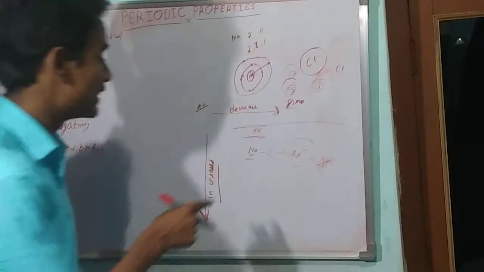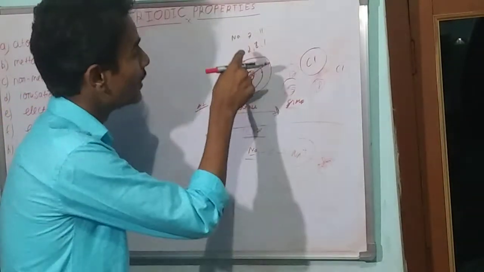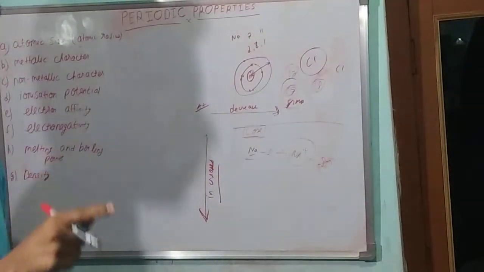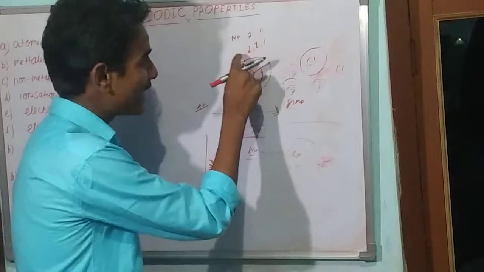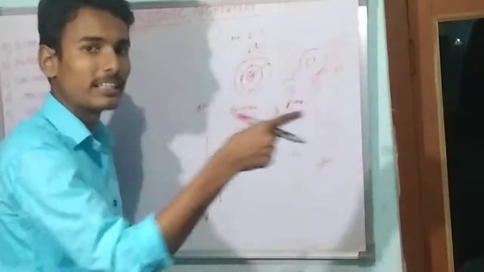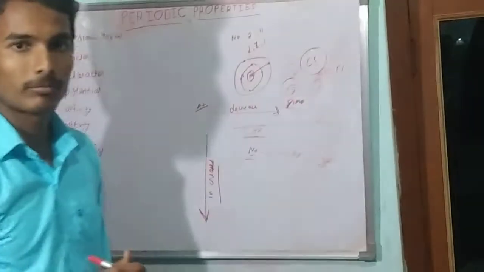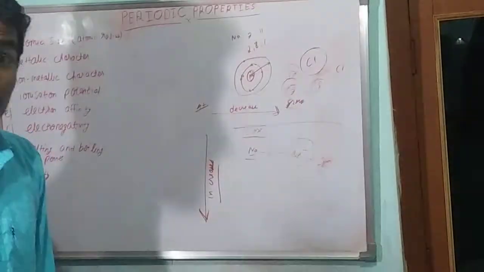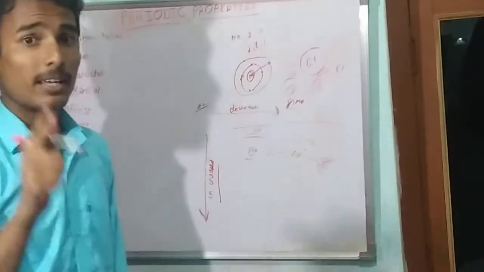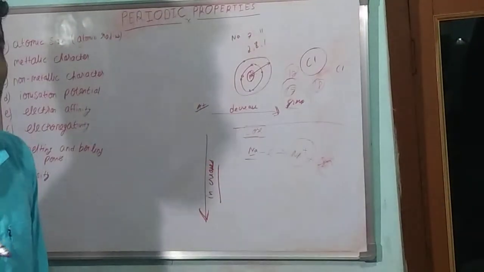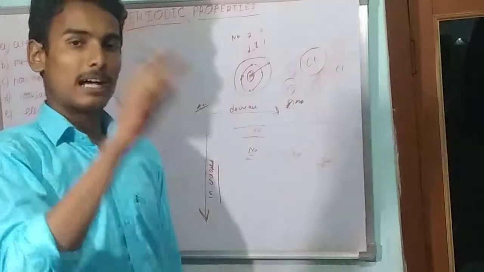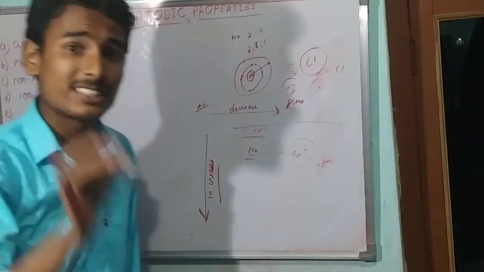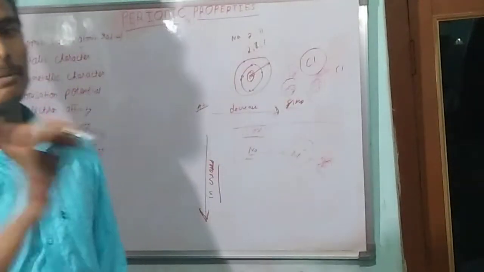Why smaller? Na has 11 electrons and 11 protons. One electron has been lost, so now it has only 10 electrons, but the number of protons remains the same, so the effective nuclear charge increases. Nuclear charge is the number of protons present in an element.